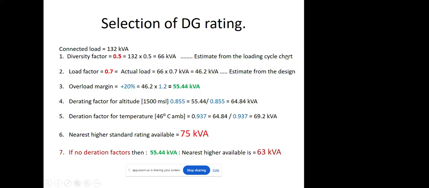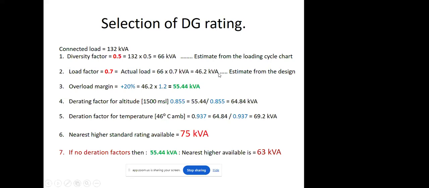Estimate from the loading cycle chart. Now these 66 kVA are running at 70% load. That is, load factor is 70%. So therefore, the actual demand comes to 46.2 kVA. So estimate from the design.